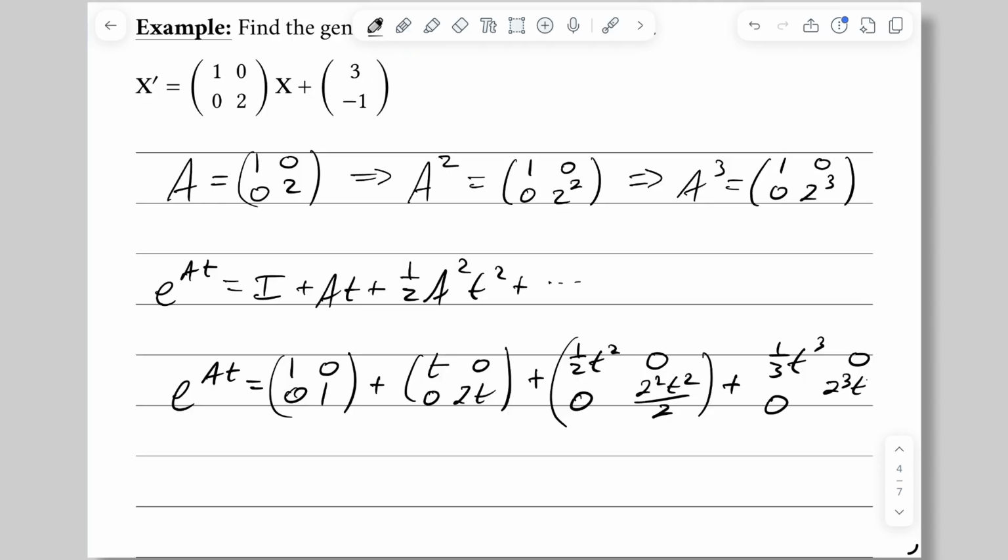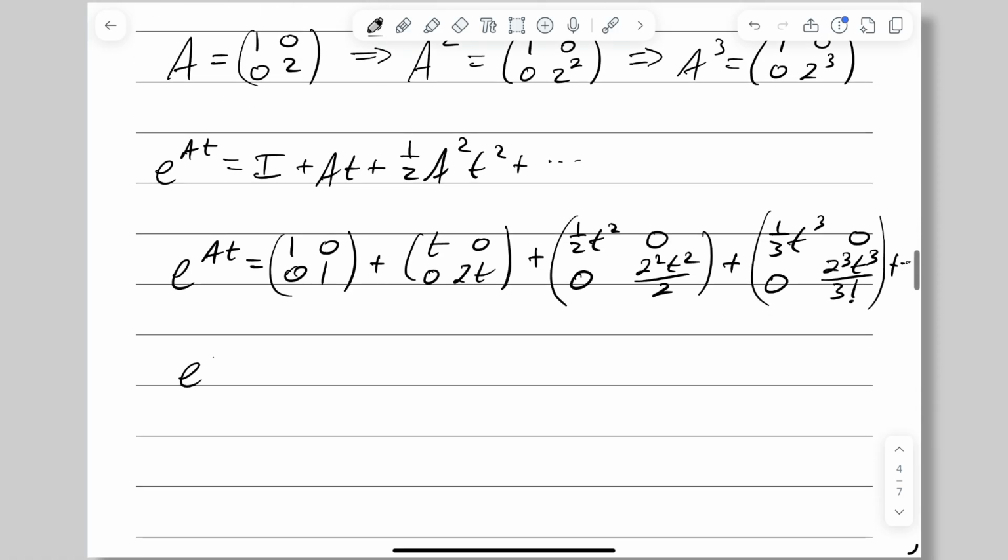2 cubed t cubed over 3 factorial, and so on. So e to the at has as its upper left entry 1 plus t plus 1/2 t squared plus 1 over 3 factorial t cubed, and so on.